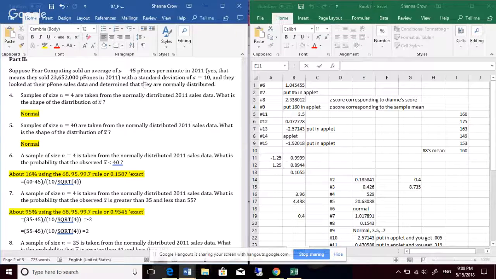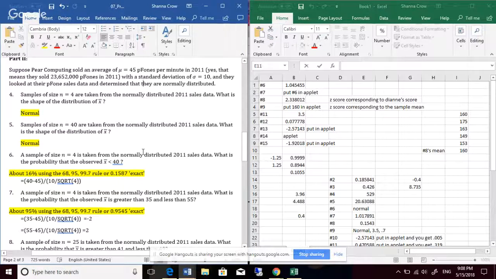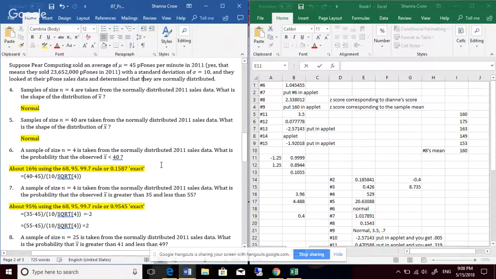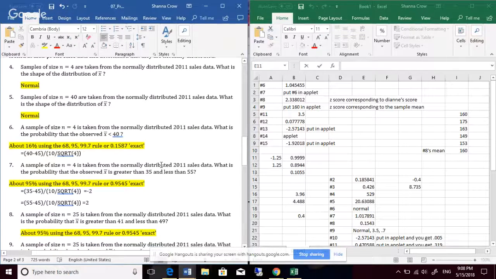Okay, so one of the big giveaways is if you see a sample size n equals anything, you'll use that formula. Sample size.